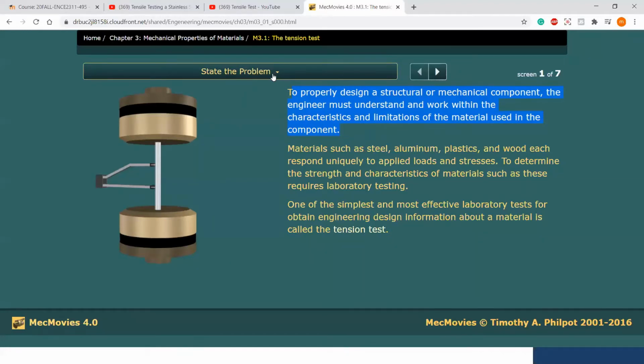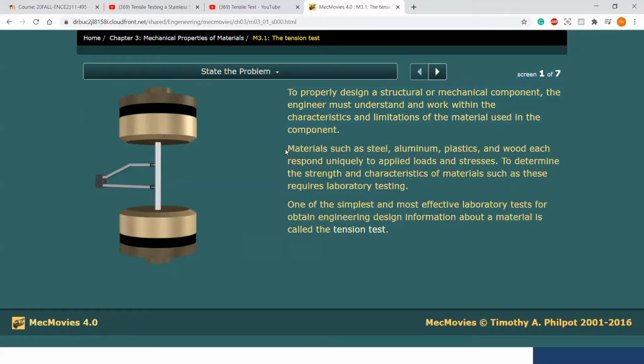So first thing is we need to state the problem. What is the problem? To properly design a structural or mechanical component, the engineer must understand and work within the characteristics and limitations of the material used in the component. I mentioned this in simple terms at the beginning of the class.